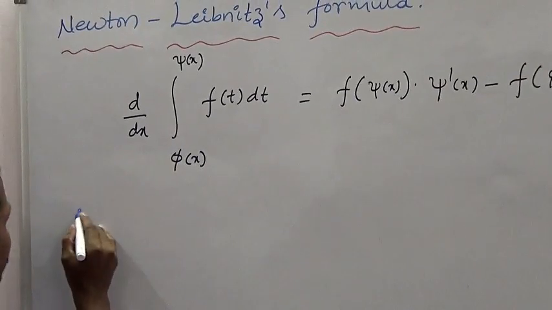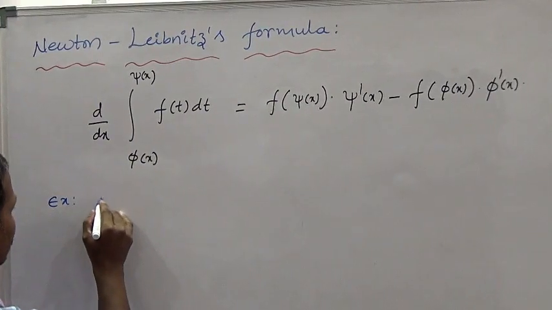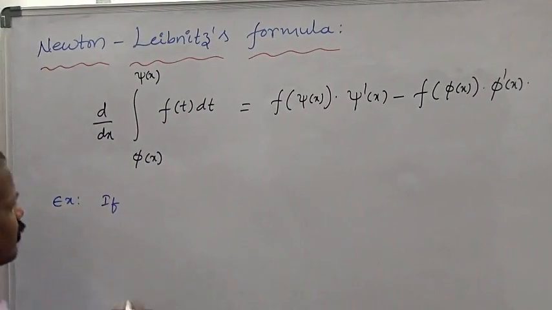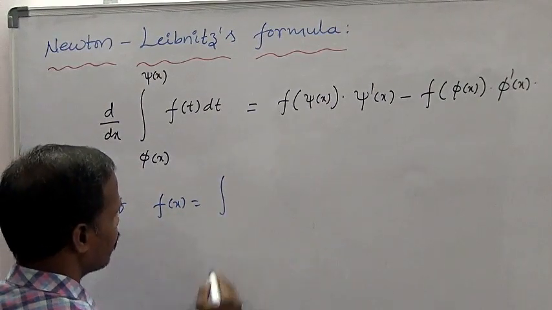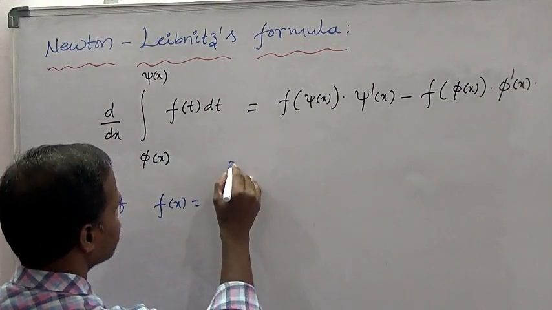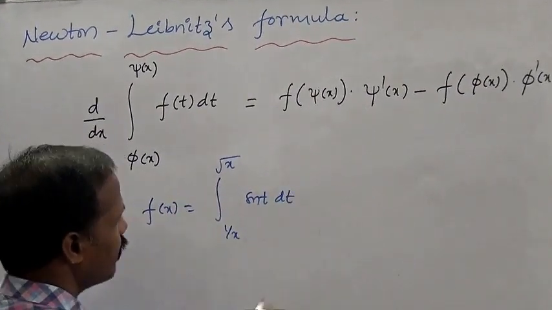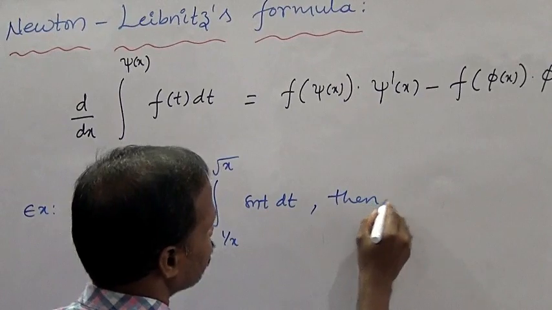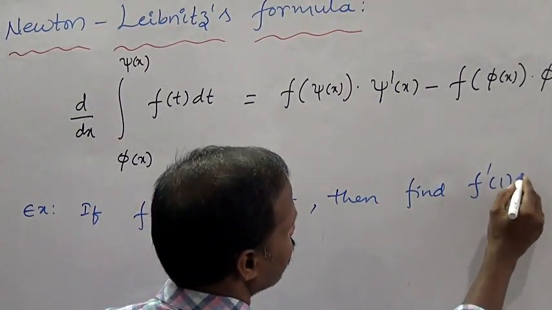The problem is: if f of x equal to integral from 1 by x to root x of sin t dt, then find f dash 1.